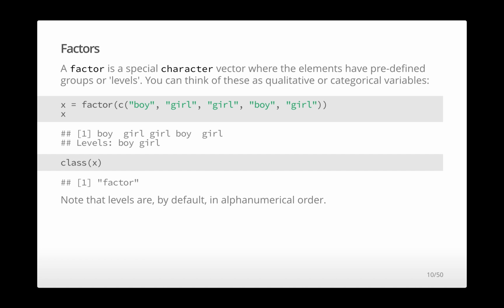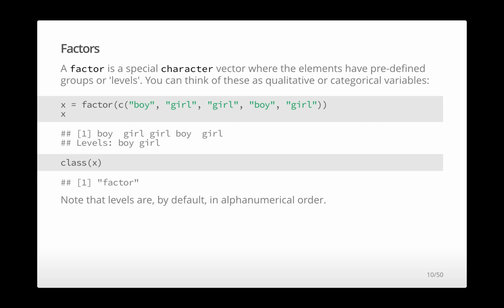You pass in a vector, so it's a column you already have, or a string of characters, or a string of numbers, and you say x equals factor of boy, girl, boy, girl. So like the other formats, it prints differently, to give you an idea of what class this thing is without having to do all this checking.